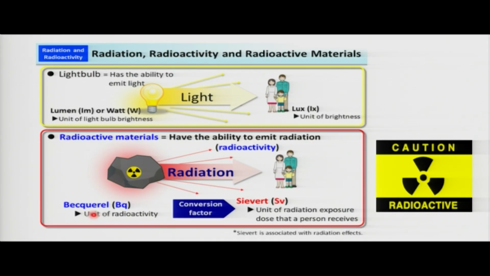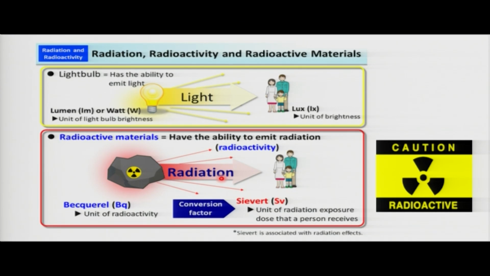So the emphasis in this case is about radiation. What does it imply? Can we bring it to real life? I can quickly compare it with the bulb emitting light. A radioactive substance emits radiation.